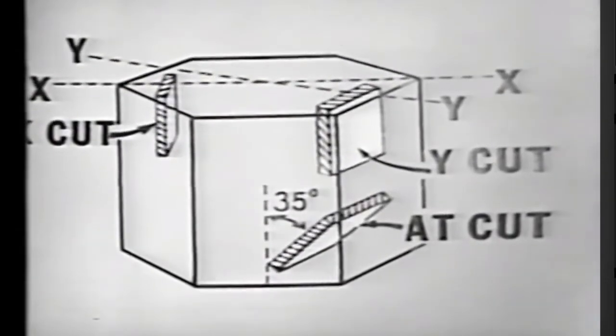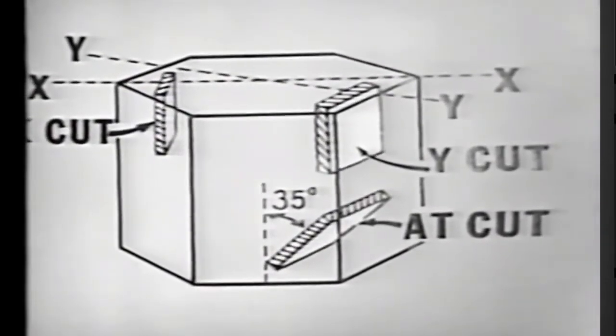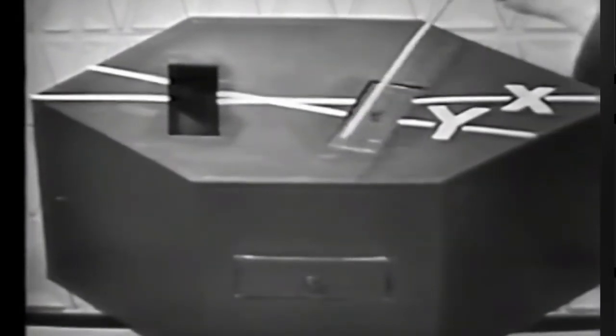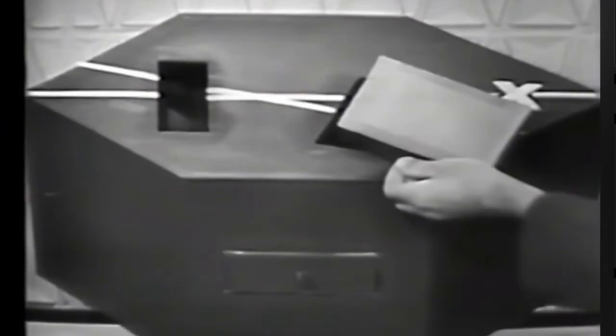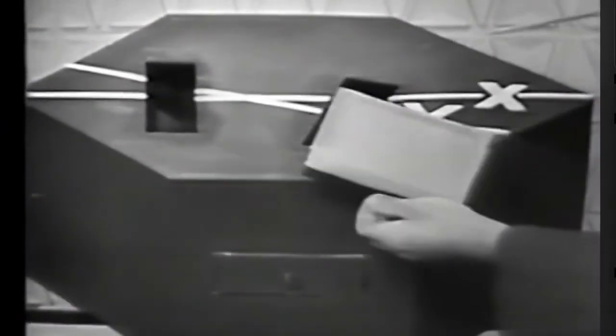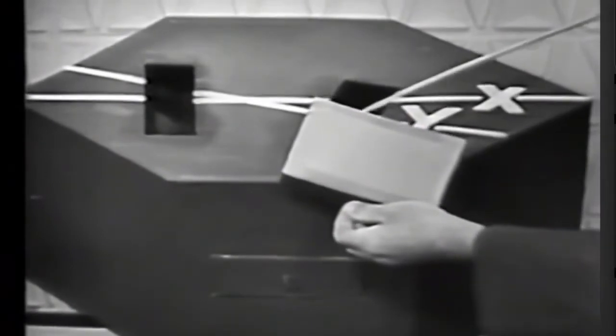And again, to get a more realistic view of this cut, let's go back to the mock-up. Remember, the y-axis passed through the face of the crystals in this manner. We'll cut perpendicular to that and parallel to the z-axis. And we come up with our second cut, which in this case, since we took it in reference to the y-axis, would be known as a y-cut crystal.